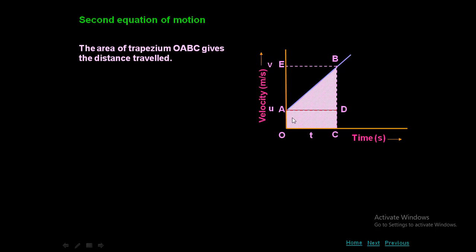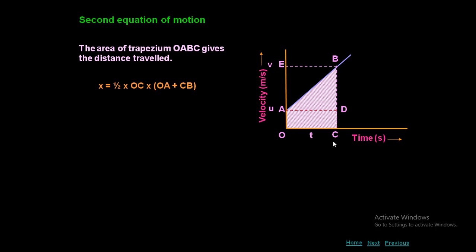The shaded portion is a trapezium, which is divided into two parts by the line AD. OADC is a rectangle, and ABD is a triangle.